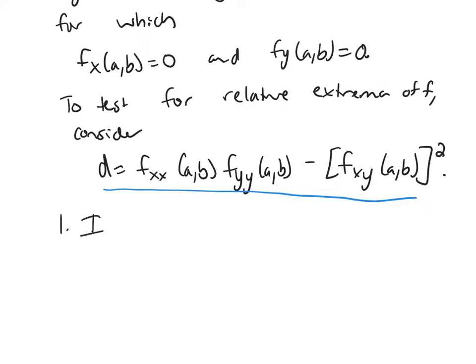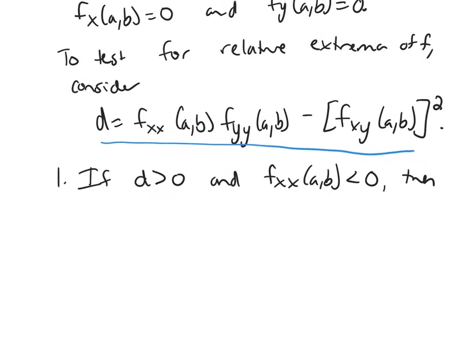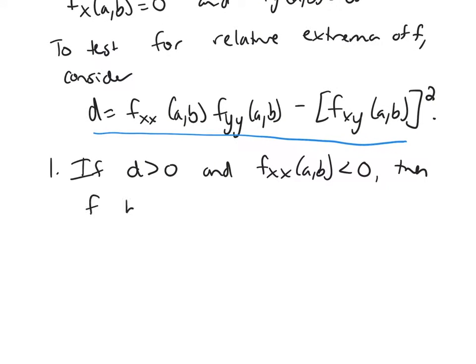So if D is bigger than 0 and fxx is bigger than 0, then f has a relative minimum at the point (a, b).